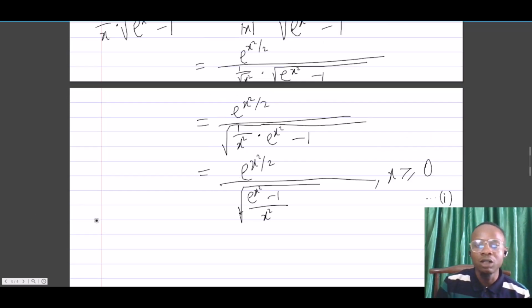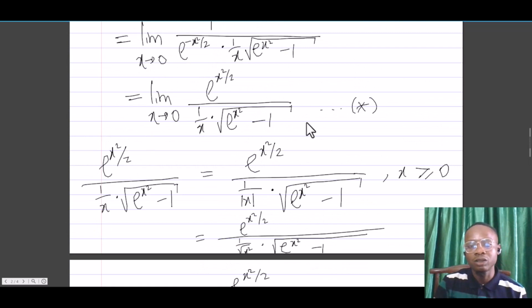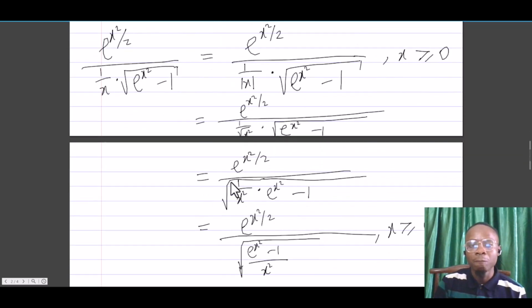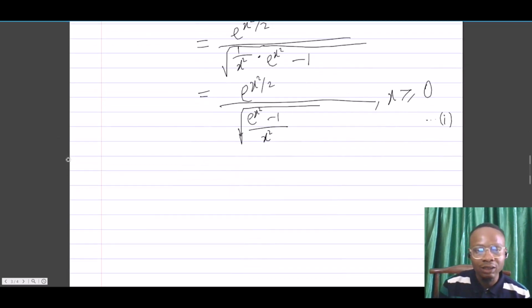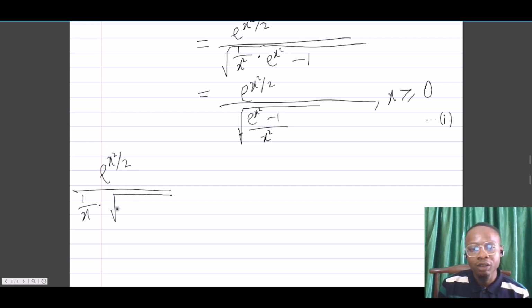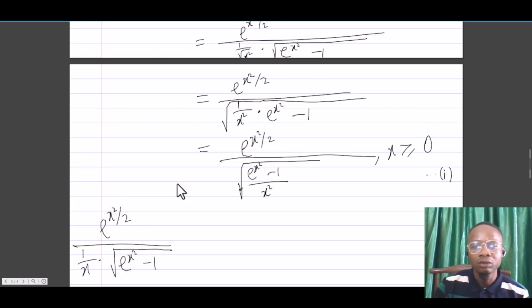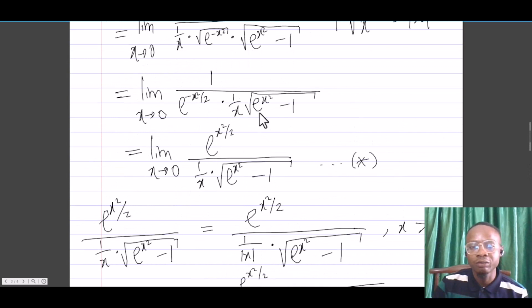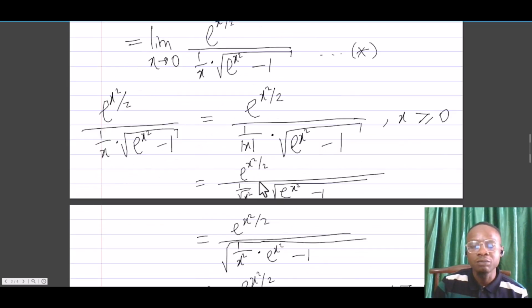So let's go back to this expression we are trying to simplify. What happens if x was less than 0? We now say that e to power x squared over 2 divided by 1 over x multiplying root of e to power x squared minus 1, which is what we have from equation star that we're trying to simplify.